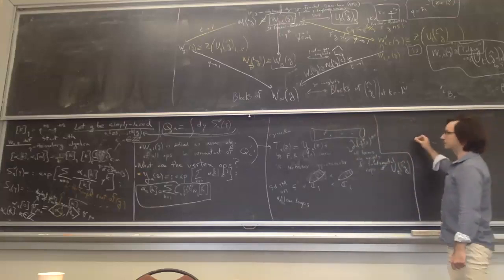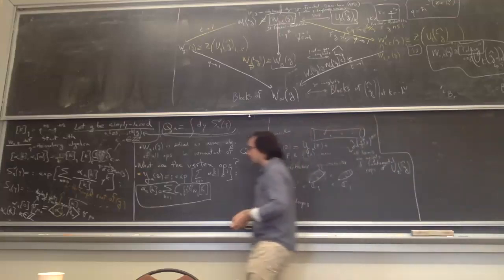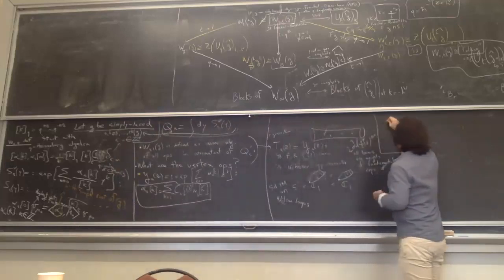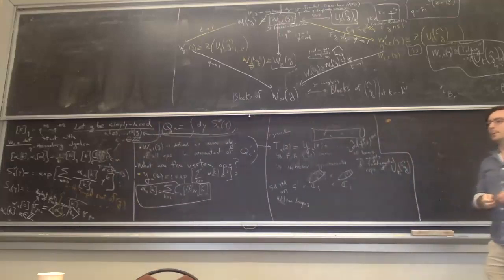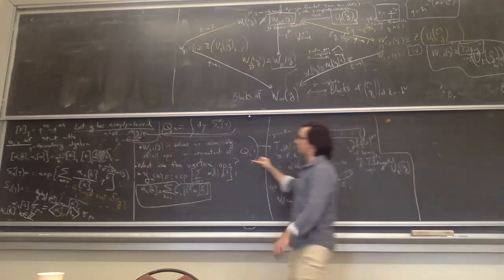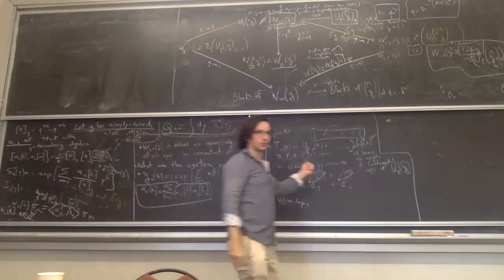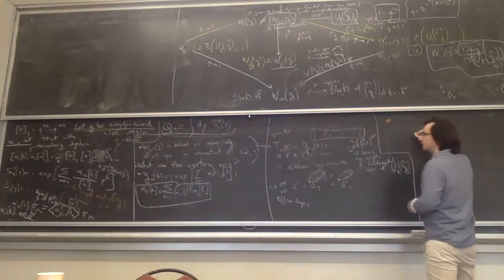Now the next operator you can construct in order of complexity. Now we're in the simply laced world, yeah. Everything here is G simply laced. There's statements for G non-simply laced, which I will completely skip.